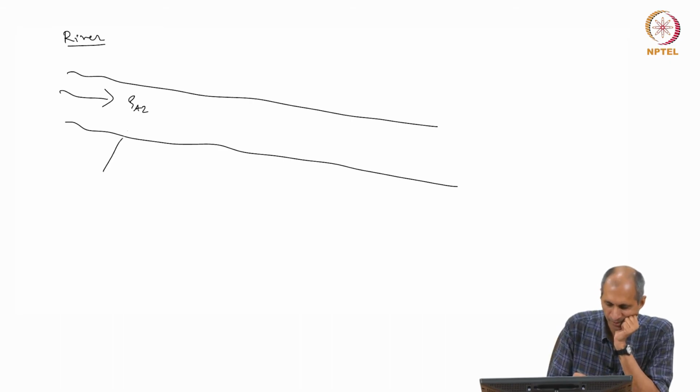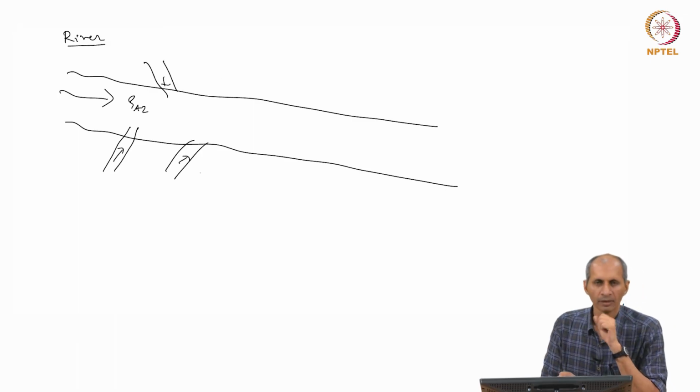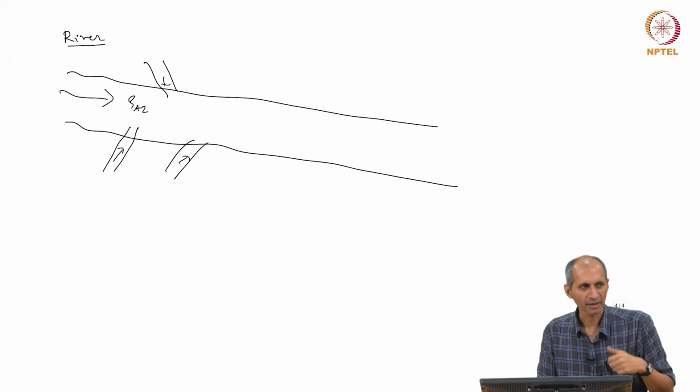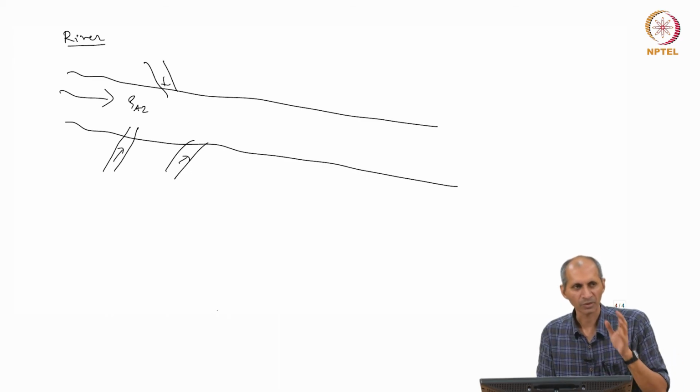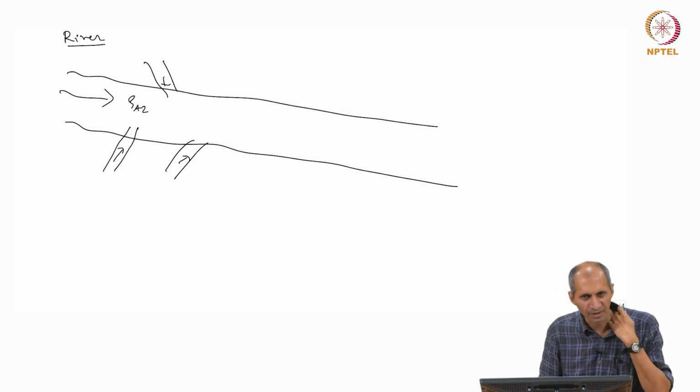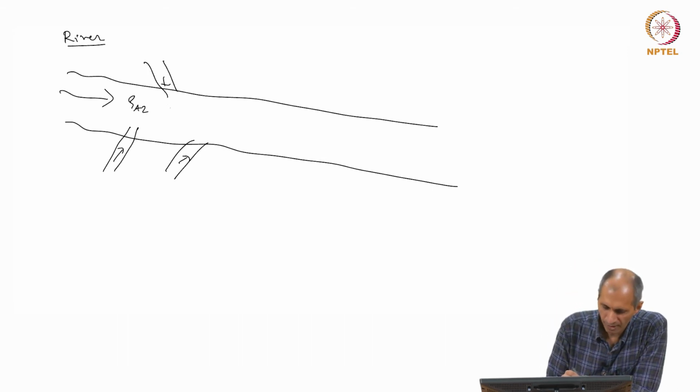Here you may have different flows coming in. For example, people are releasing waste into the river, or you are getting sewage into the river, or you may have a tributary that is coming and joining the river. Any of these things are possible. So, the concentration depends on what is coming in each of these channels, and what is evaporating and things like that.